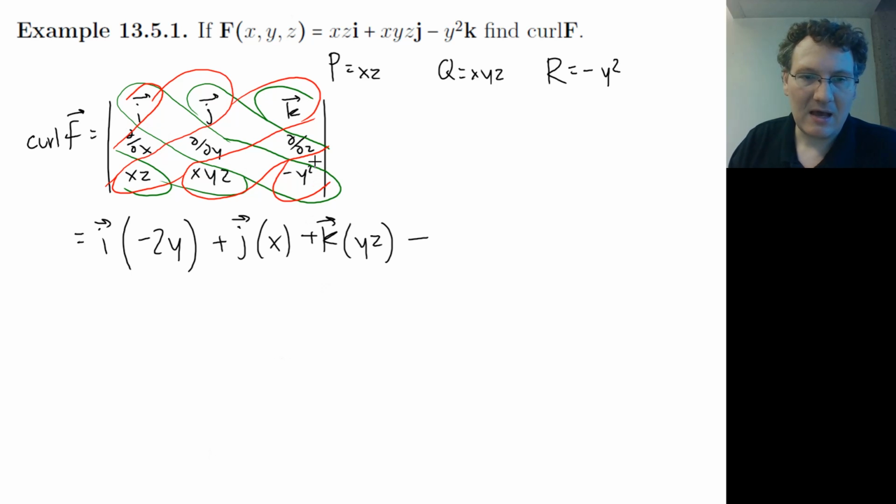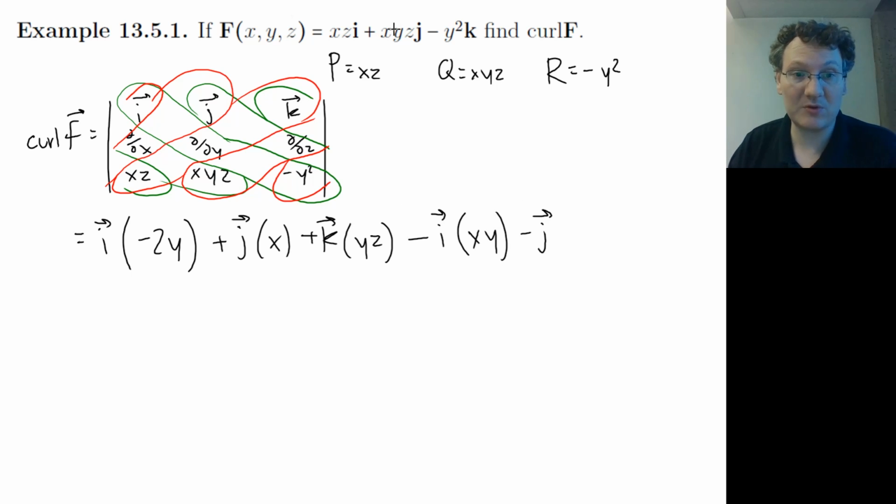I times the partial of xyz with respect to z, that's going to be xy, minus j times the partial of negative y squared with respect to x. That's just a big old 0. And minus k times the partial of xz with respect to y, that's also a 0.